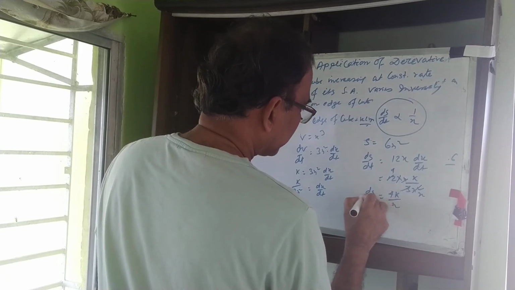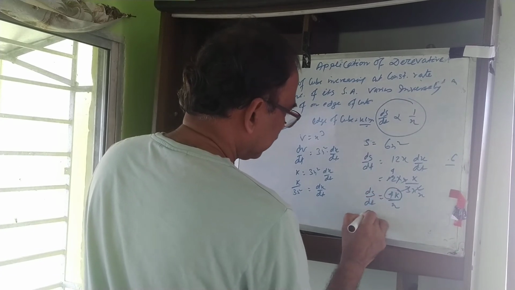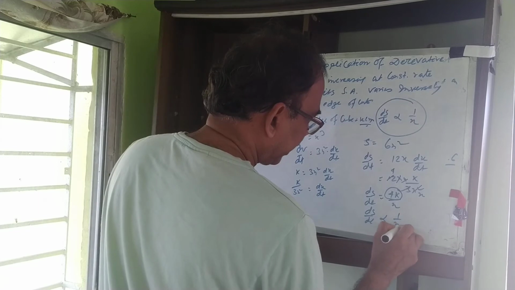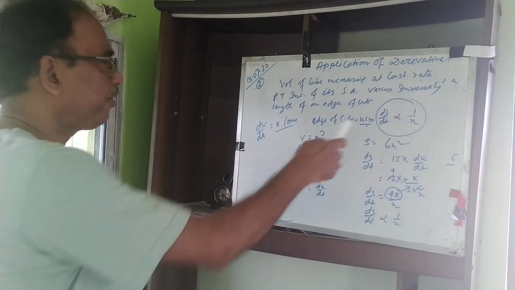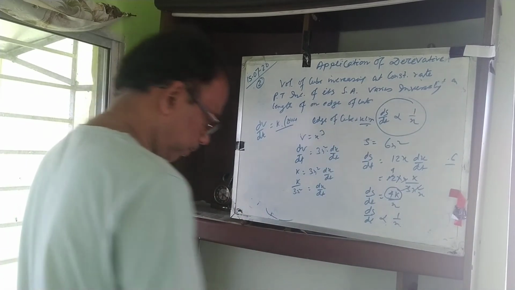So dS/dt is 4k by x, where 4k is a constant. Therefore dS/dt varies as 1 by x. That's all we have to prove. So the surface area of the cube is inversely proportional to its edge.